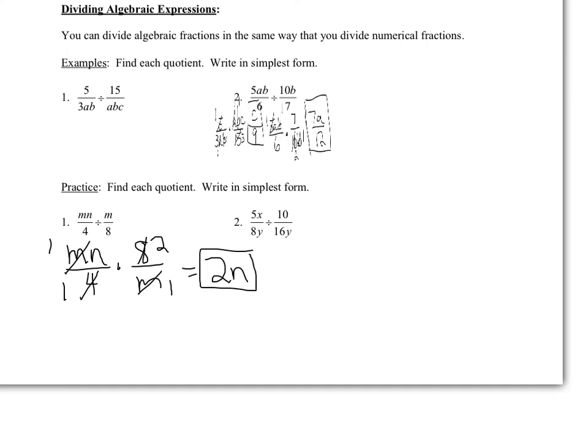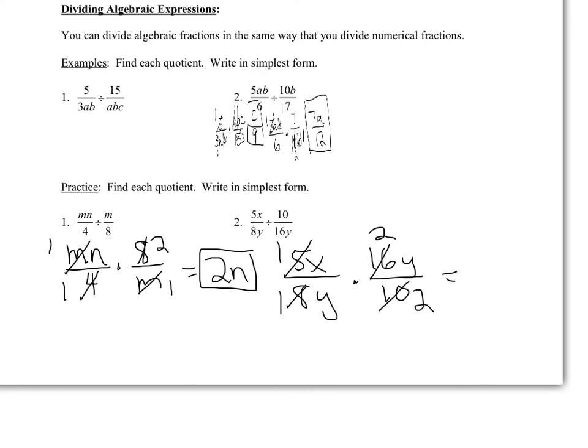And number 2 here, 5x over 8y stays the same. Take the reciprocal here, we're going to have 16y over 10. I'm going to deal with the numbers again first. So 8 divided by 8 is 1, 16 divided by 8 is 2, 5 divided by 5 is 1, 10 divided by 5 is 2.